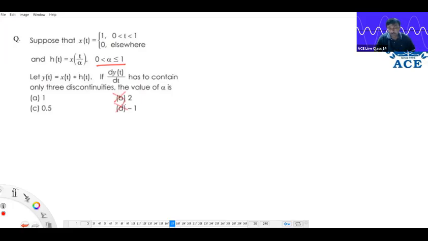If anyone has chosen 2 and minus 1, they are masters in the subject or not. Alpha range I have already mentioned, sir, 0 to 1. Wantedly 2 options outside the range I have provided. So the choice is between 0.5 and 1. Tell me the correct answer.